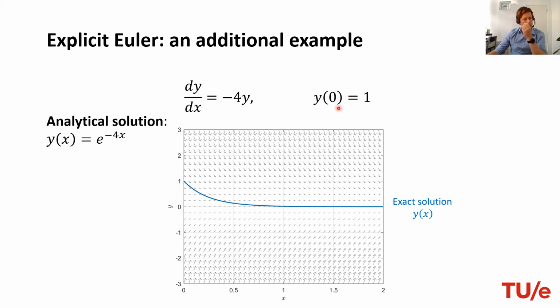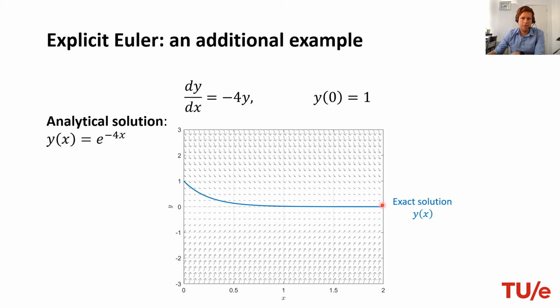It's rather straightforward to find the analytical solution here, because it is e to the power minus 4x, and you can easily verify this by taking the derivative and substituting it into the ODE. This is a very stable analytical solution. It decays from its initial condition, with an exponential decay towards y is equal to 0.